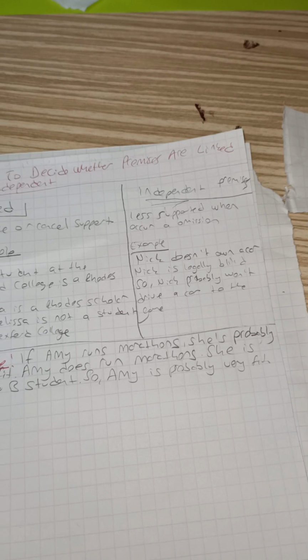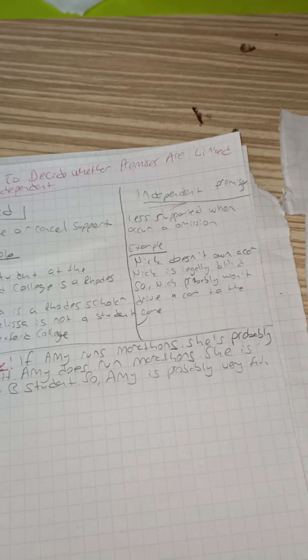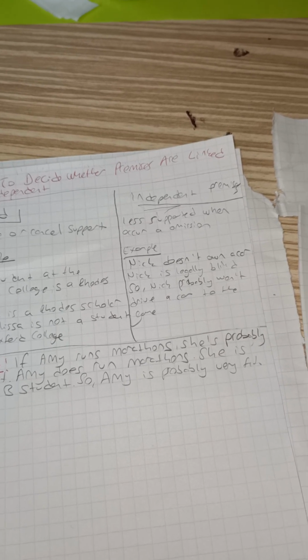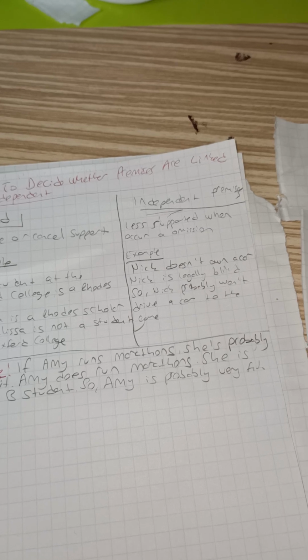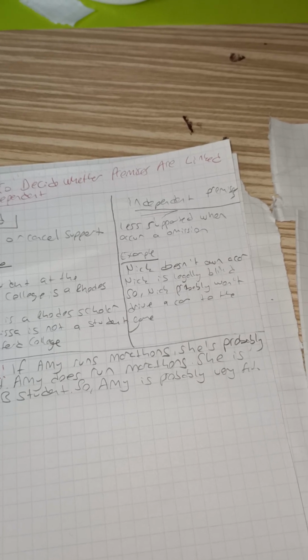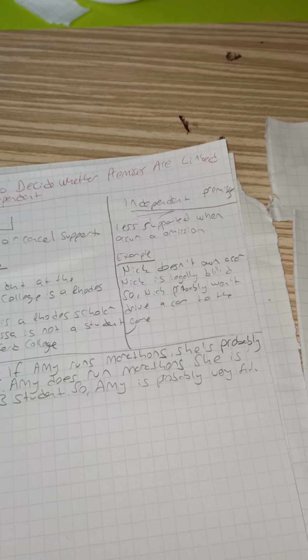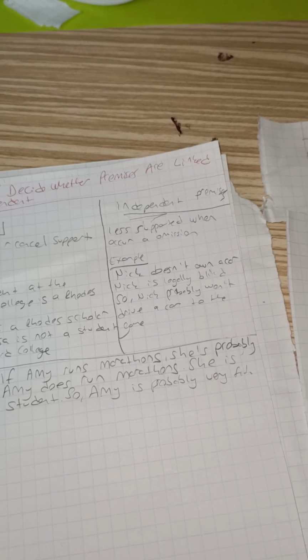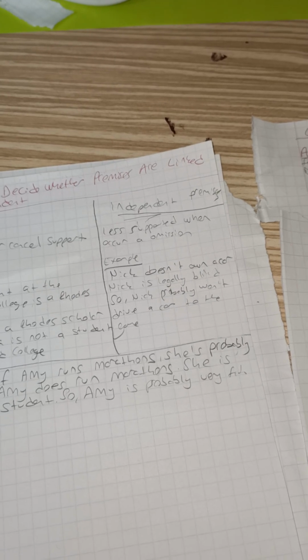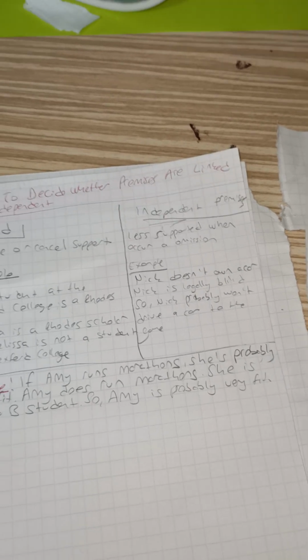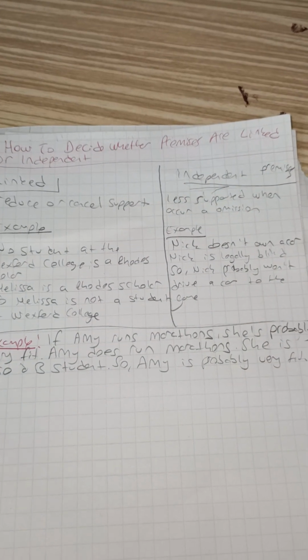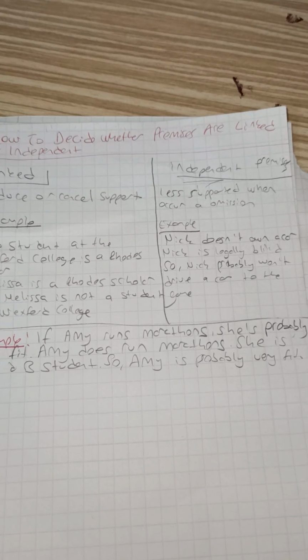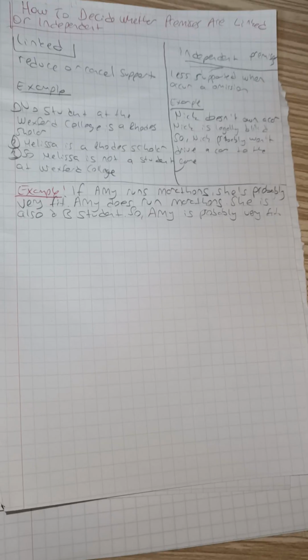If we omit one of the premises, our argument will not be reduced or cancelled because the premises are not linked with each other. They are independent, so we call them independent premises.